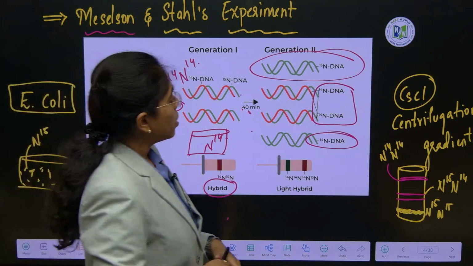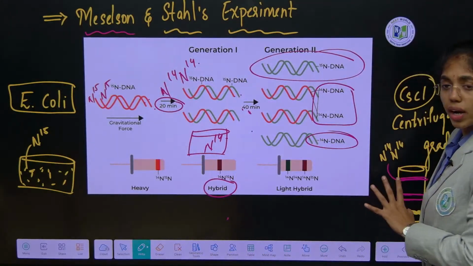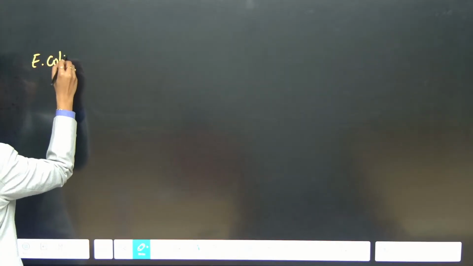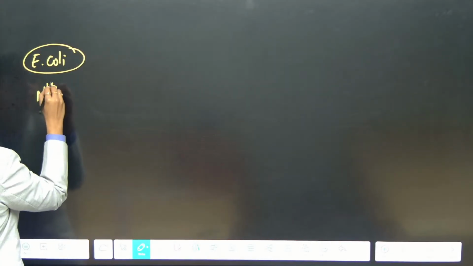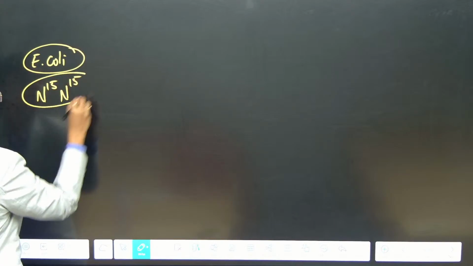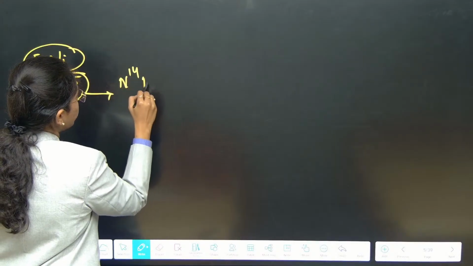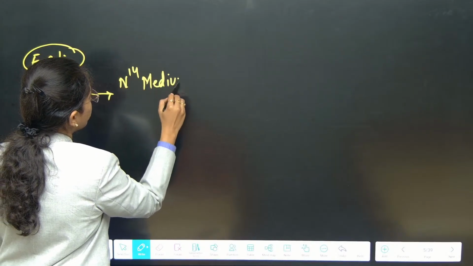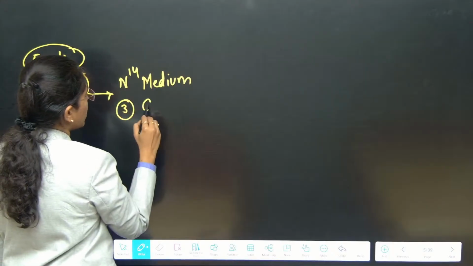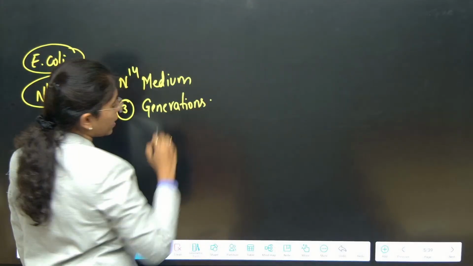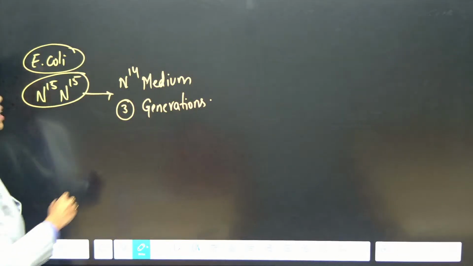Yeah. So here what type of questions you will get, I will tell you. Application based questions. For example, if E. coli, which is having heavy isotope, that is N15, is placed into N14 medium for 3 successive generations, the question can be asked like this, or 3 generations means 60 minutes.